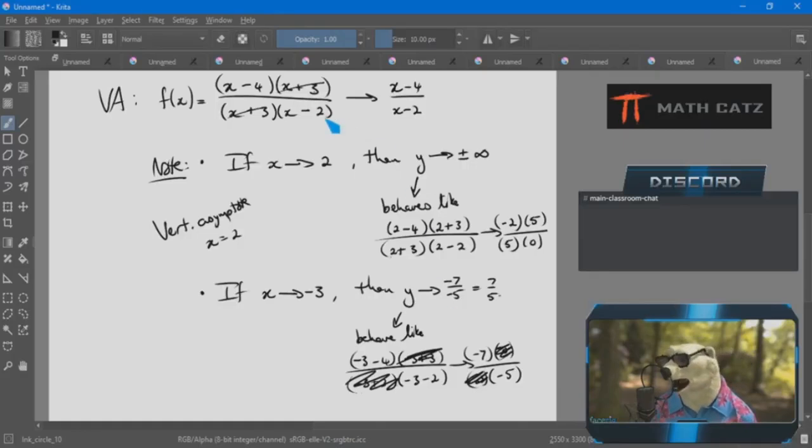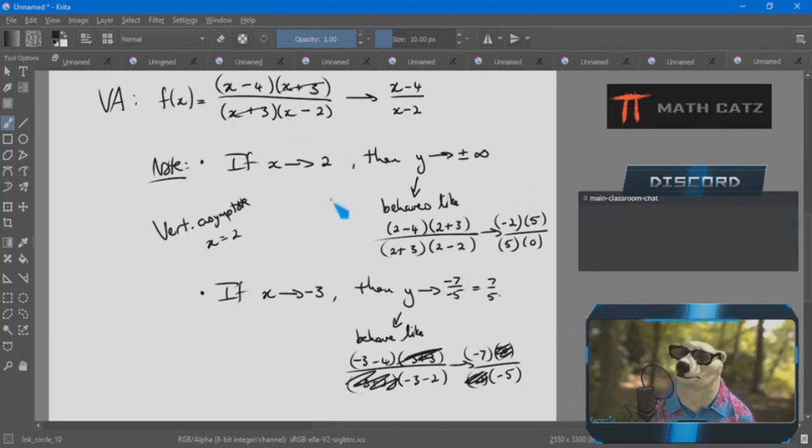It's only when the denominator shrinks down to 0 and is not matched by the numerator, like when x goes to 2. Nothing at the top is shrinking down with that x minus 2. They're going off to, what did we say, negative 2 and 5. Well, that can't match what the 0 direction is doing. And the whole y value blows up.